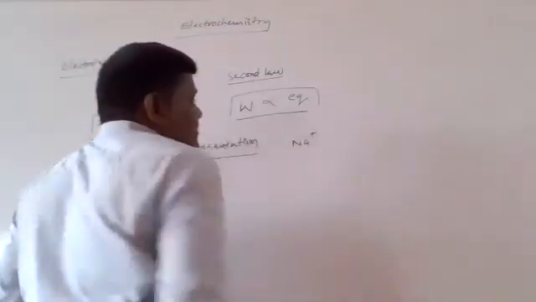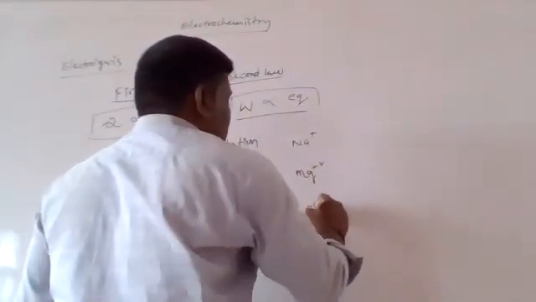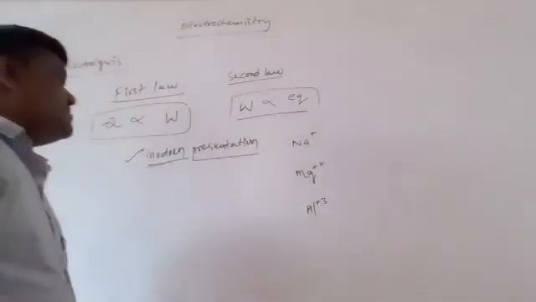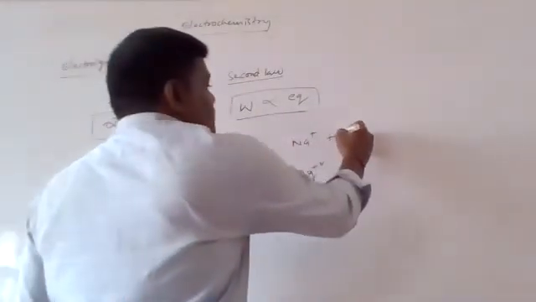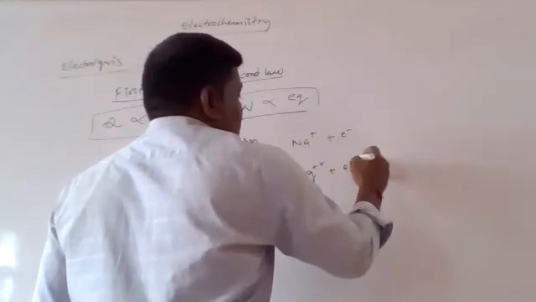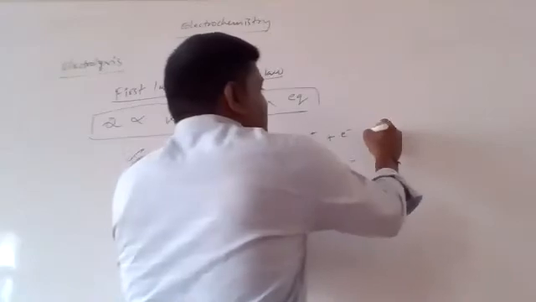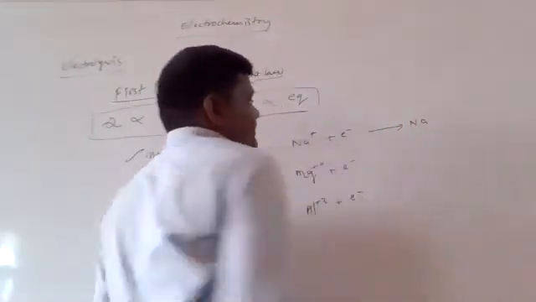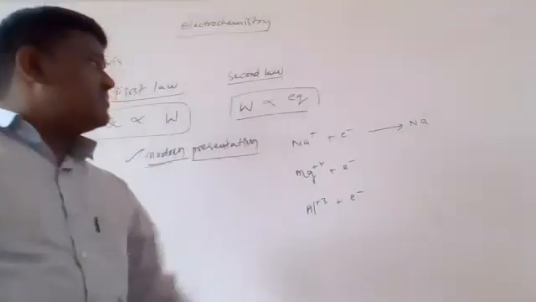When we pass one mole of electrons, here one electron, sodium will take this electron and form one mole of sodium, so one mole of electricity will be required.